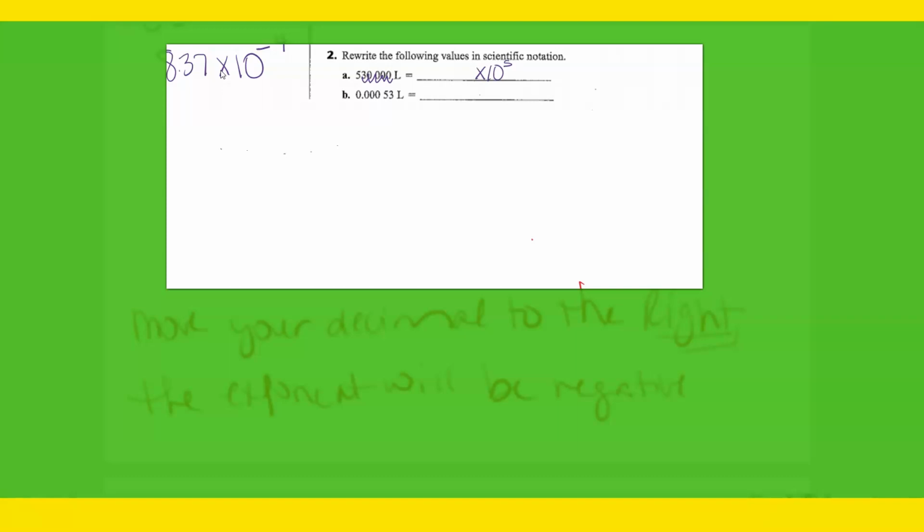And because I have two significant digits in my number, I'm only going to write 5.3. You do not write 5.30000. You're only going to write 5.3. Now, if this would have been 530,000 with a decimal on the very end, then you would have written out 5.30000 times 10 to the fifth power, okay?